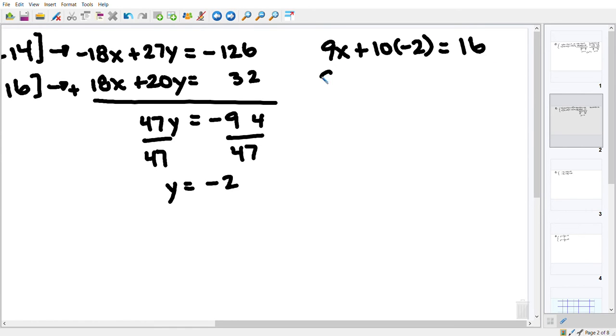All right, so if you do it correctly, you would have a 9x subtract a 20 is equal to a 16.